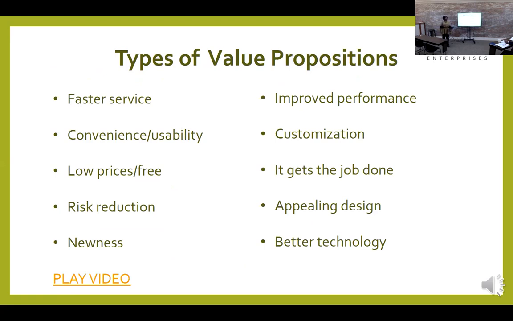A company that reduces risk, for example, would be insurance companies. Insurance companies don't really sell something that you can touch and feel. They are selling the assurance that if something bad goes wrong, they will reduce the risk of that bad occurrence for you, your family, your company, okay?